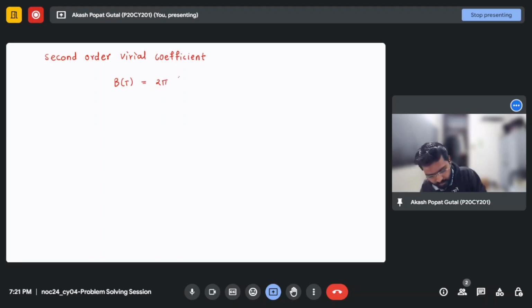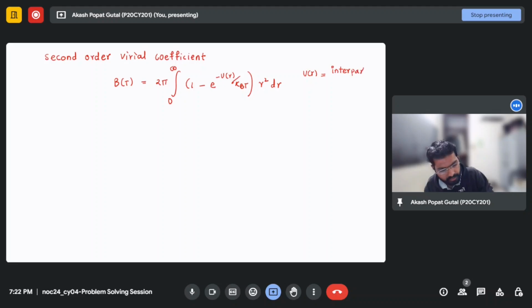It goes like this: B equals 2 pi integration 0 to infinity of 1 minus e raised to minus u(r) divided by kBT, times r square dr, where u(r) is called the interatomic, interparticle, or intermolecular potential.